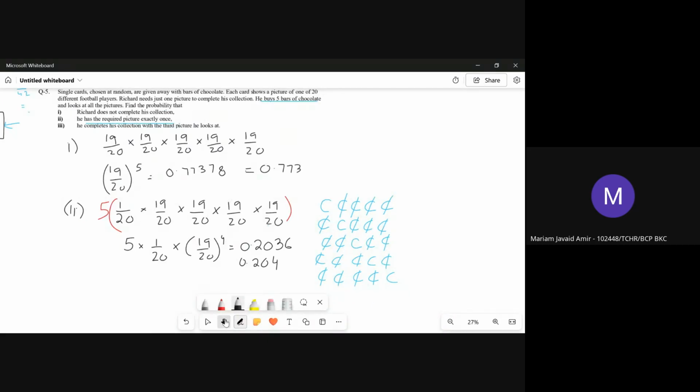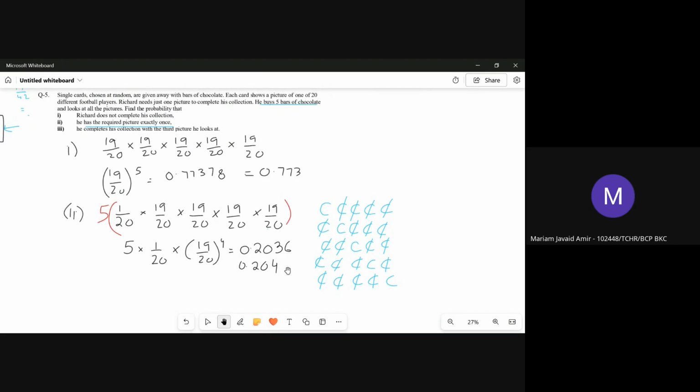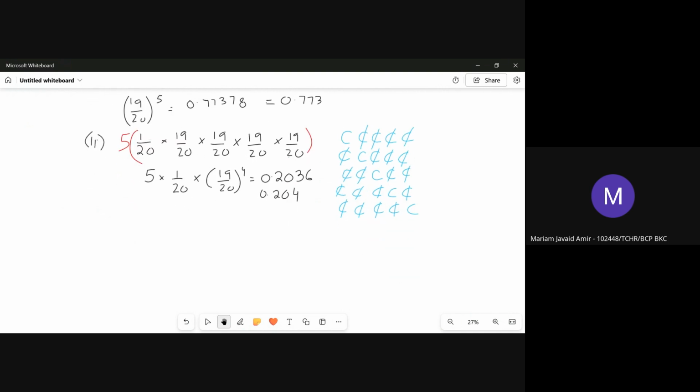Okay. Part 3. He buys 5 bars of chocolate and looks at the picture. Find the probability that he completes his collection with the third picture he looks at. So it is this case.